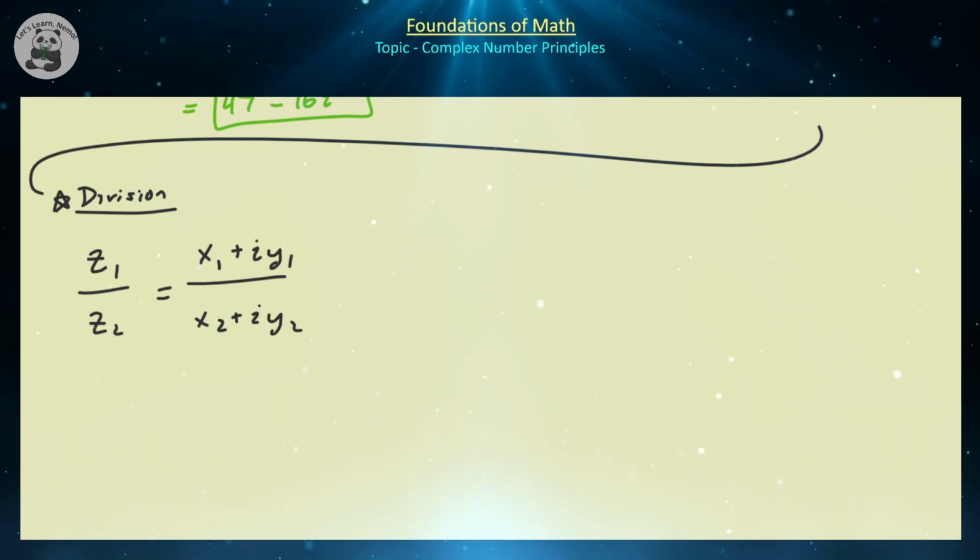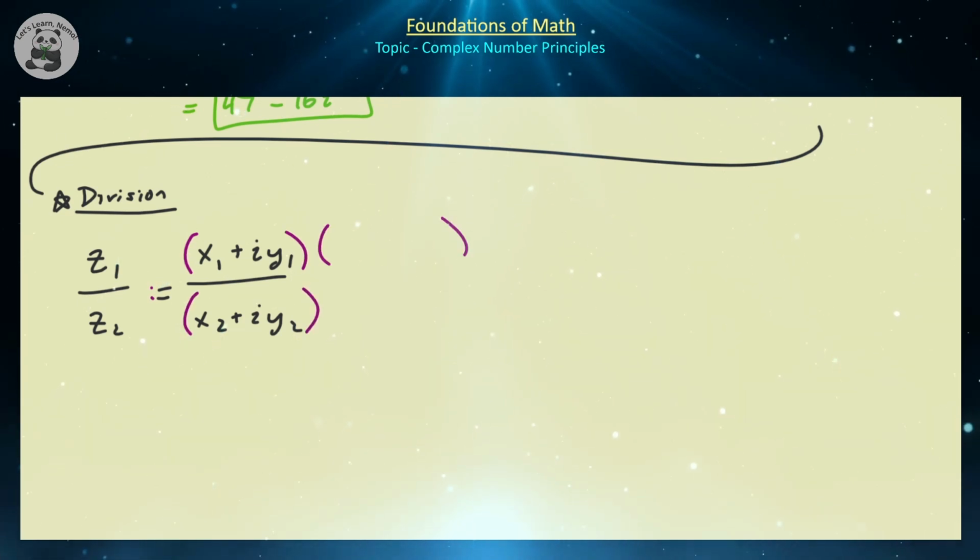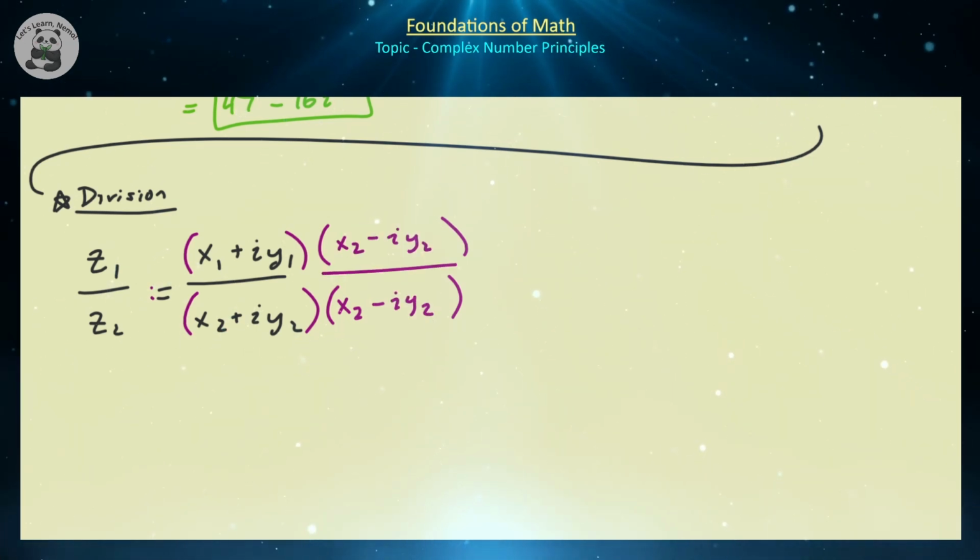And you're like, okay, well, it's not very clear what we're going to do here, but what we're going to do is define this to be equal to this structure, but multiplied by x2 minus i y2 over x2 minus i y2.